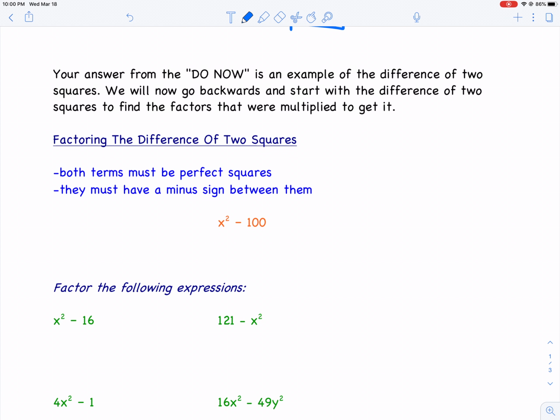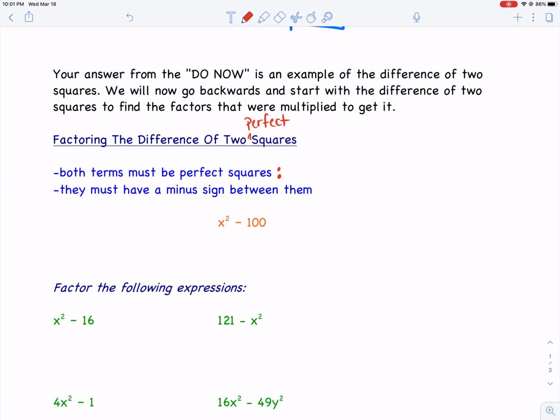So let's first review perfect squares. You guys should have a note card on perfect squares. If not, you could make one. Actually, that reminds me, we'll make a note card on factoring the difference of two perfect squares after this. I keep adding the word perfect in here.